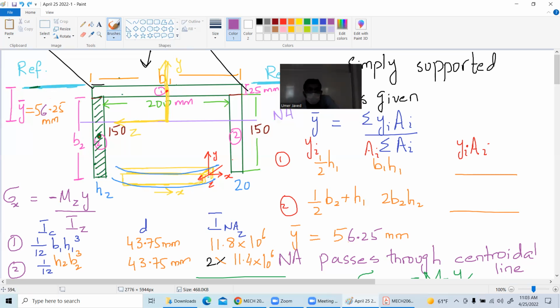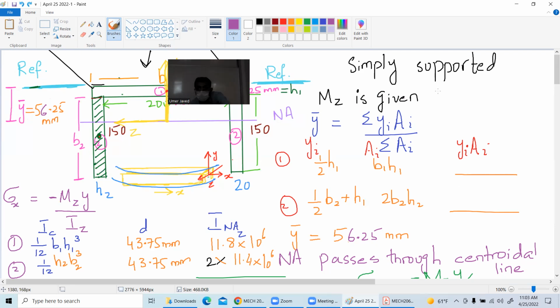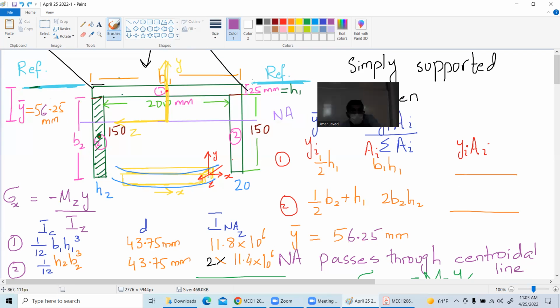Now 12.5 millimeter plus, from here to here, it will be 56.25 minus 12.5. Again, I will get the same value of 43.75. Okay, so let me talk about the distance. So what will be this distance?